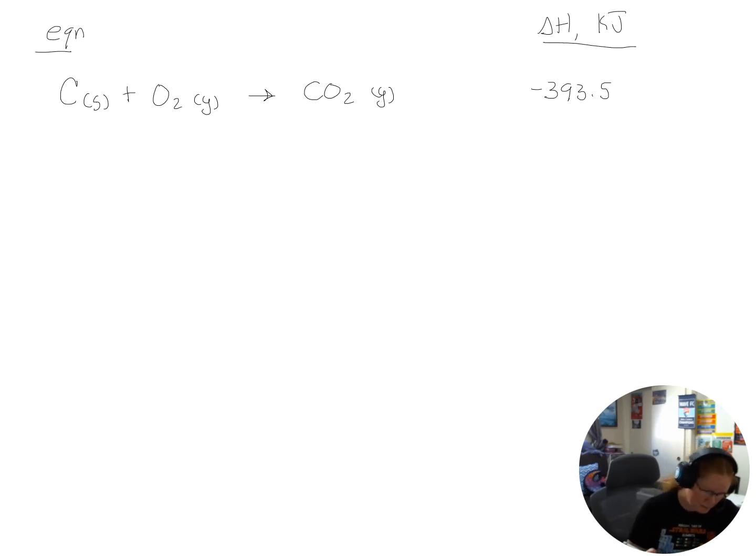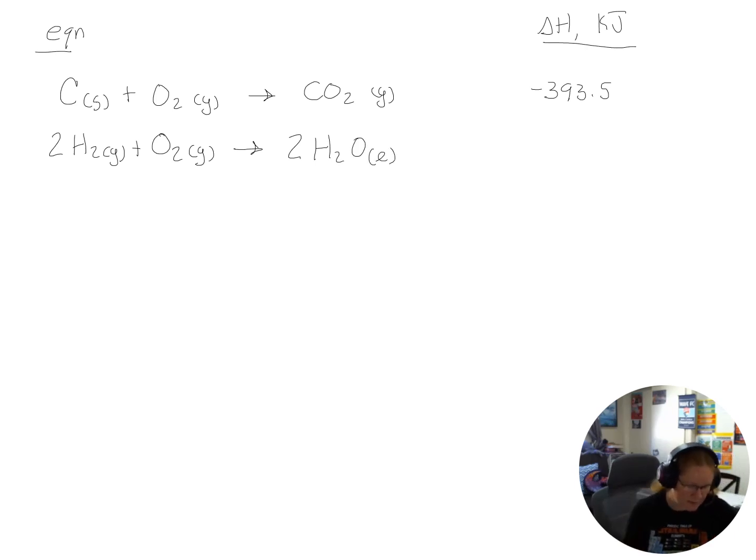So everything gets multiplied by 2. So I had 1 hydrogen, so now I have 2. I had 1/2 oxygen, so now I have 1. And I had 1 water, so now I get 2. Okay, my delta H was negative 285.8. I needed to multiply that by 2, so I get negative 571.6.